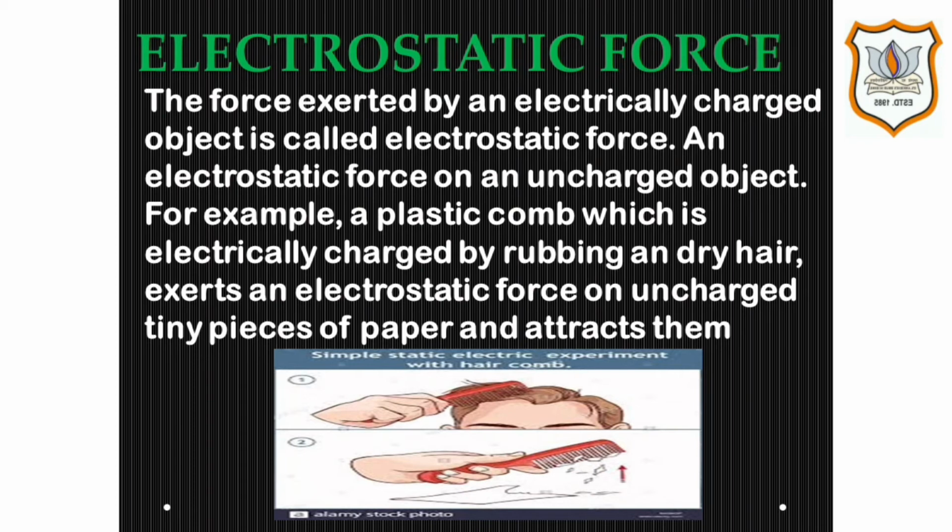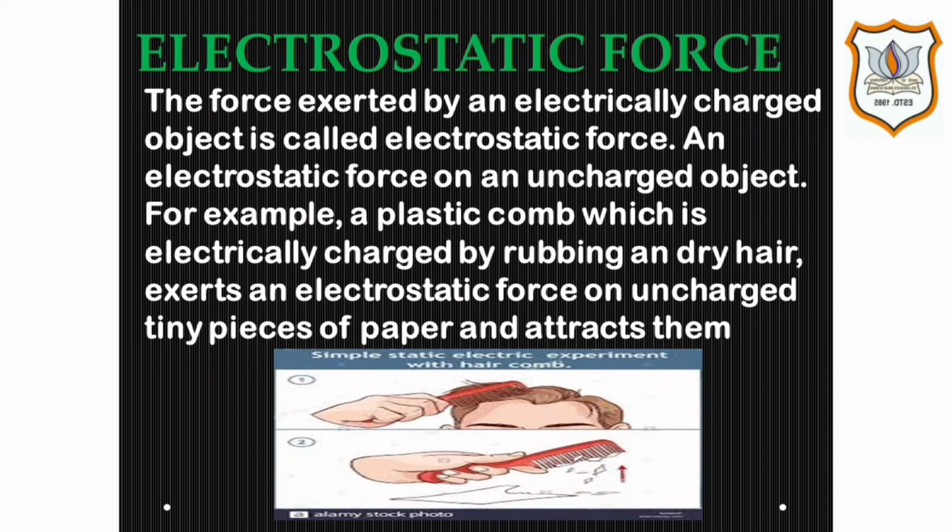When the plastic comb is rubbed in dry hair, the comb gets electrically charged by friction. And when this electrically charged comb is brought near the tiny pieces of paper, it exerts an electrostatic force of attraction on them. Due to this electrostatic force, the tiny pieces of paper move towards the comb and stick to it.